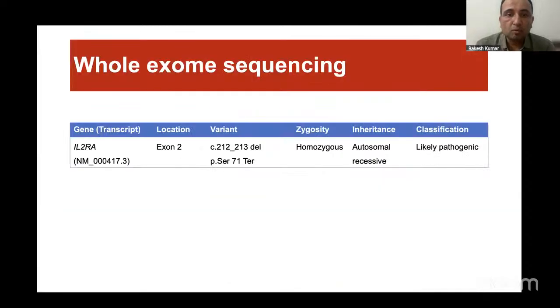When we performed whole exome sequencing, it identified a defect in the IL2RA gene, which is CD25 deficiency, again highlighting a tolerance defect or Tregopathy in this child with infection, allergy, and lymphoproliferation. So again, when we have patients with overlapping symptoms, we should be working up these disorders.